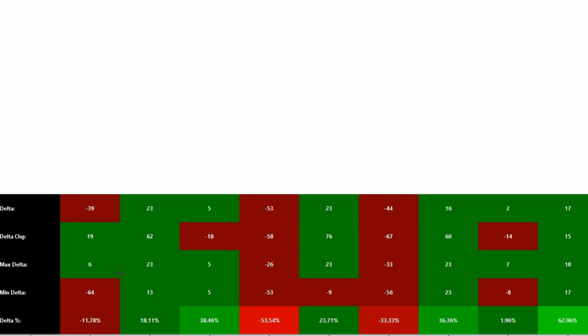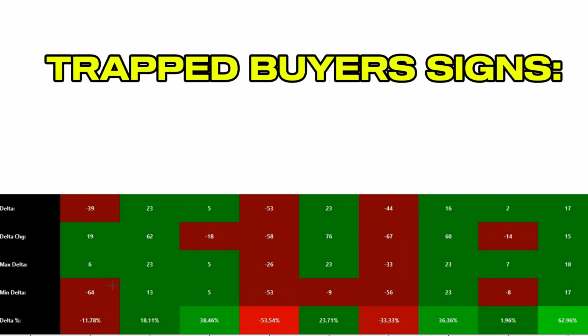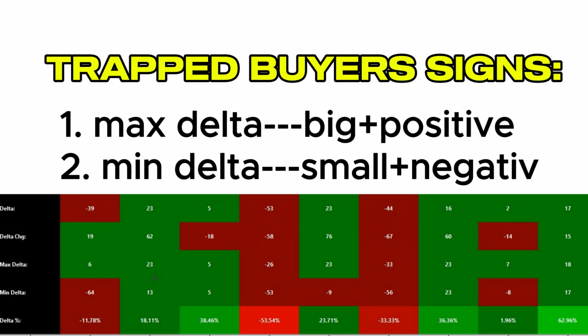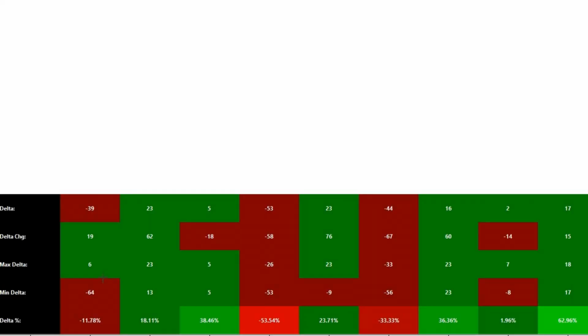And the opposite, when buyers are trapped, you are looking for a huge maximum delta over here and a little negative minimum delta here. These are the indications that the market has some trapped buyers or sellers. Now, as you can see over here, we identified when sellers are trapped.